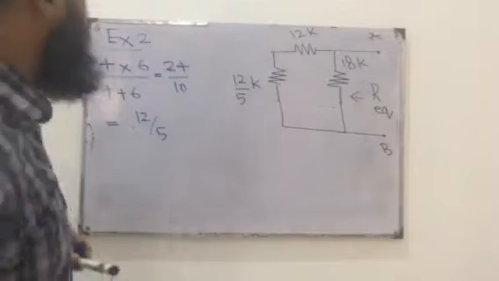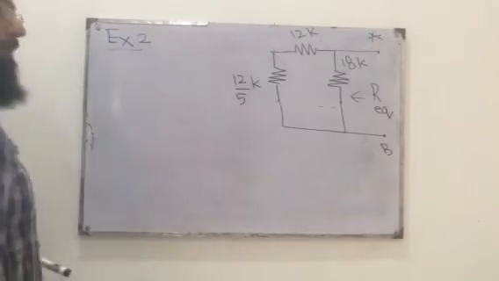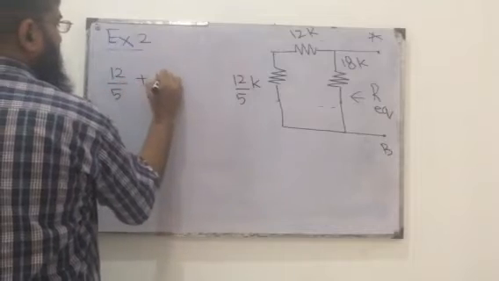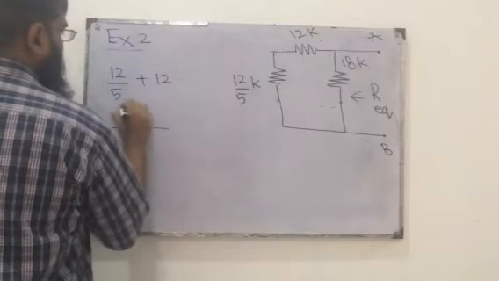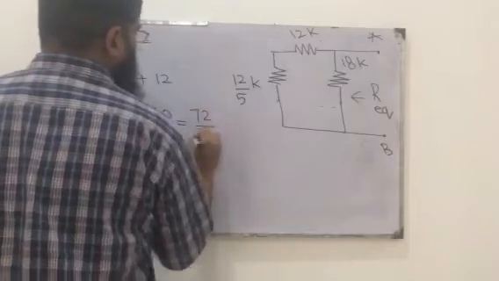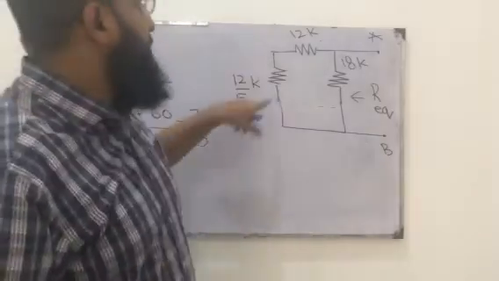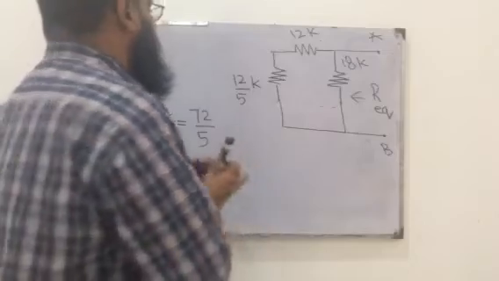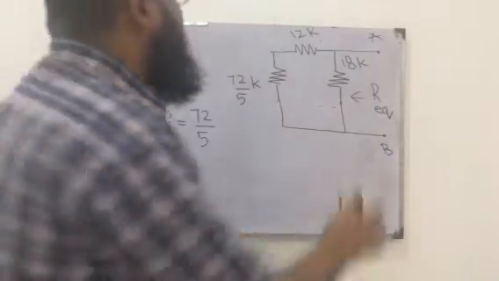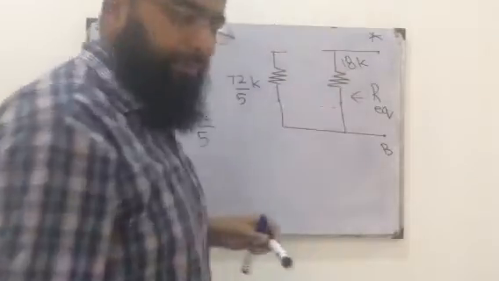So 12 over 5K plus 12K. 12 over 5 plus 12 gives us 72 over 5. So these 2 resistors can be replaced with one resistor having value 72 over 5K.